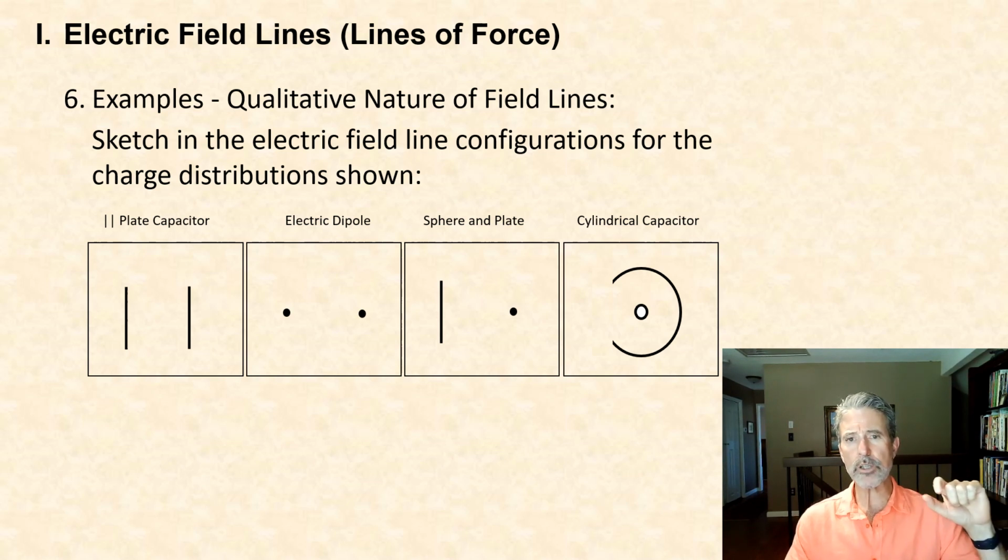So using our field line model, we should have as many field lines leaving a positively charged conductor as entering a negatively charged conductor, since each of these conductors is equally charged, right? Same magnitude of charge for each one.